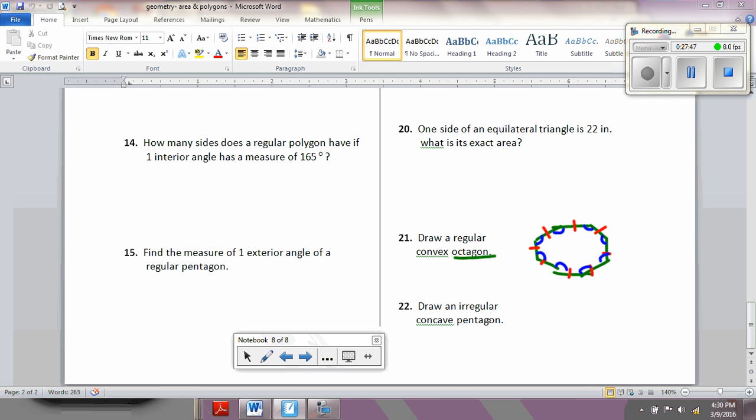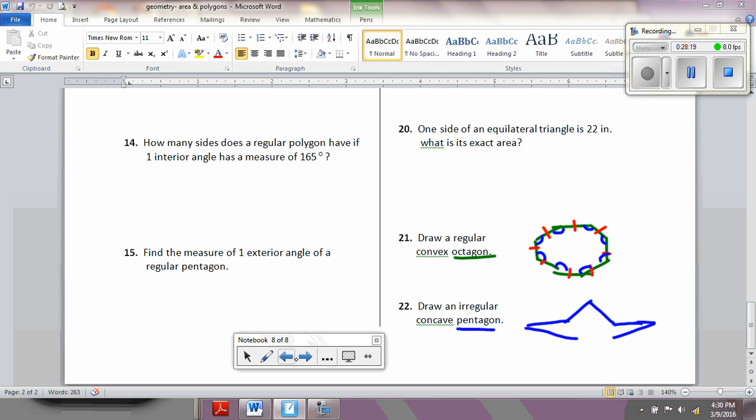Number 22 wants an irregular concave pentagon. So they want a 5-sided figure where it's irregular. So a star has 5 sides, right? No, I did more than 5 sides. Okay, hold on.